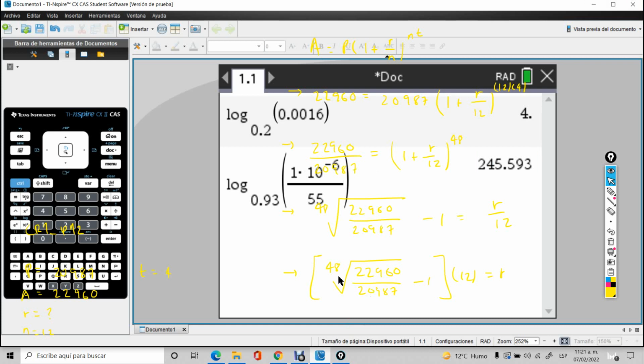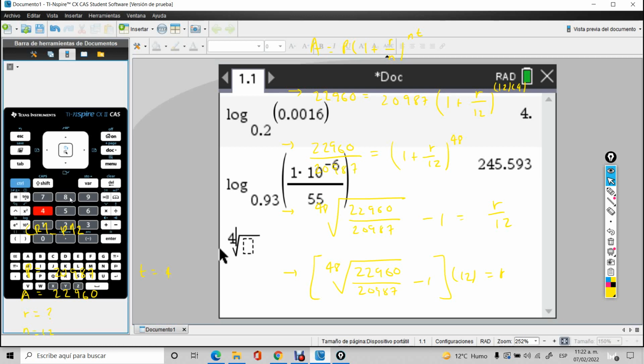Okay, in here you can see the calculation that we need to do. The root of index 48 of this fraction minus 1 and all of that times 12. So let's do it in here. Here we go. So we get the structure of the root of x of index n. So control this one. Here I'm going to write 48.